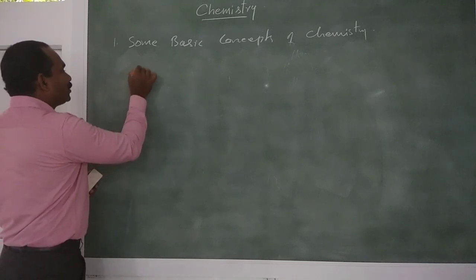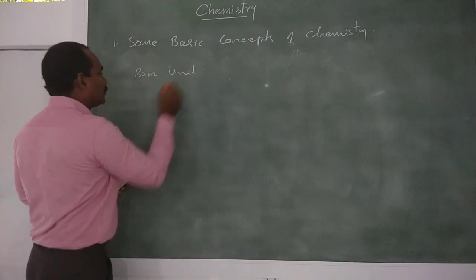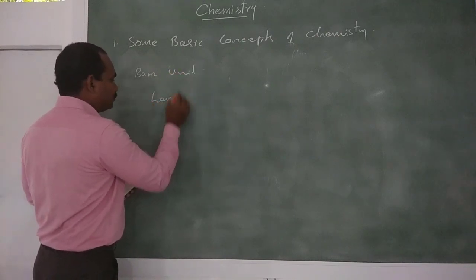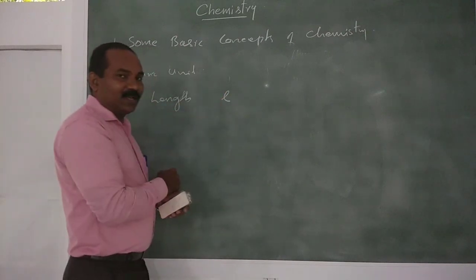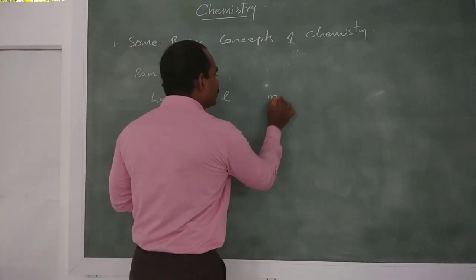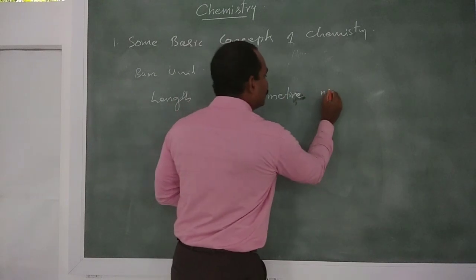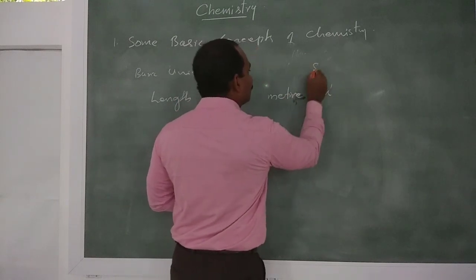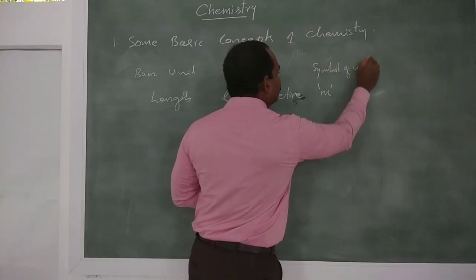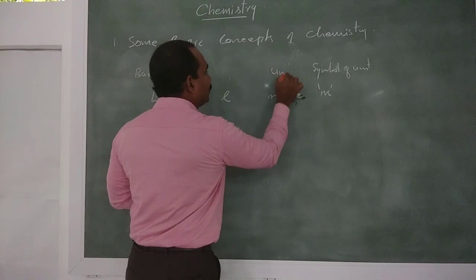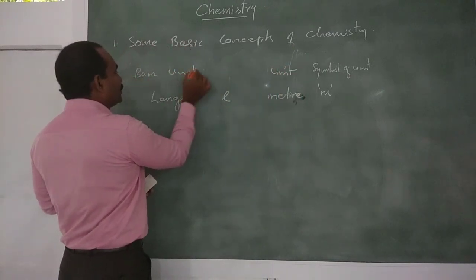Basic units. Length. The symbol is L. Measured in meter. The symbol for units. Here it is units, symbol of measurement.